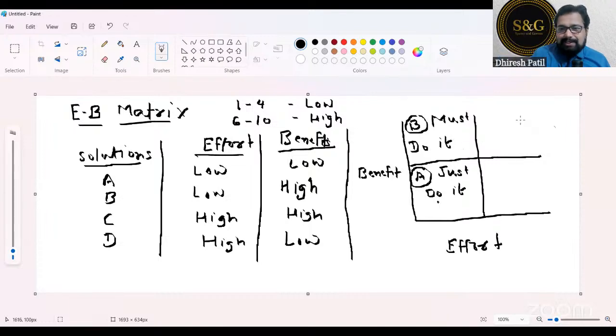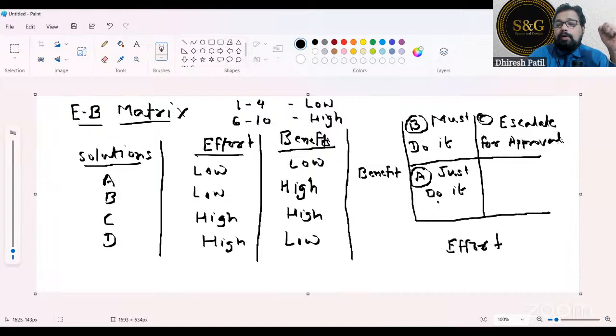All right. The third criteria will come here, which is high effort and high benefit. This will escalate for approval. Escalate for management approval. All right.